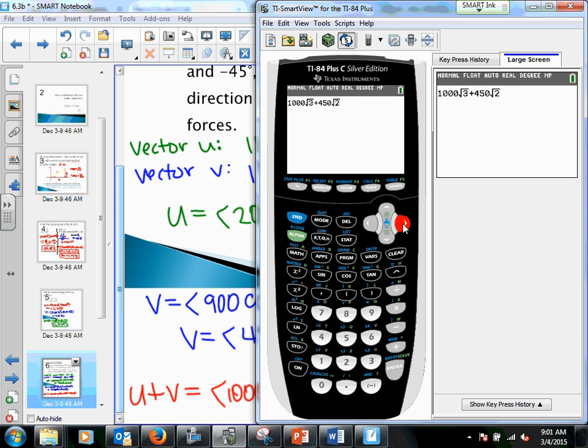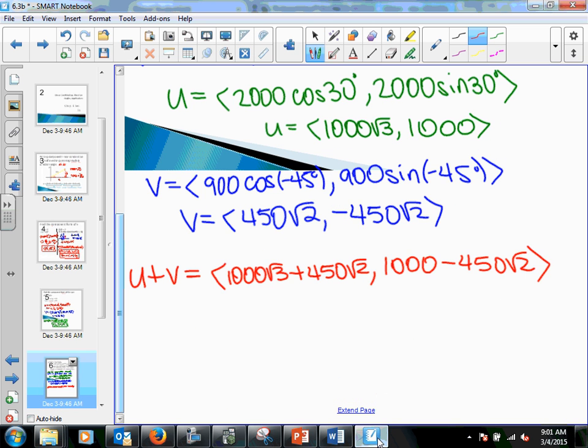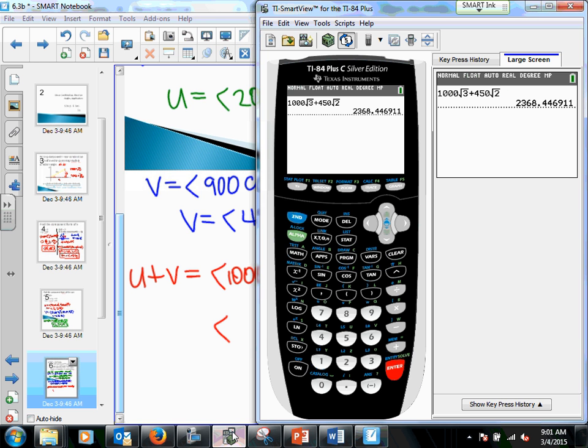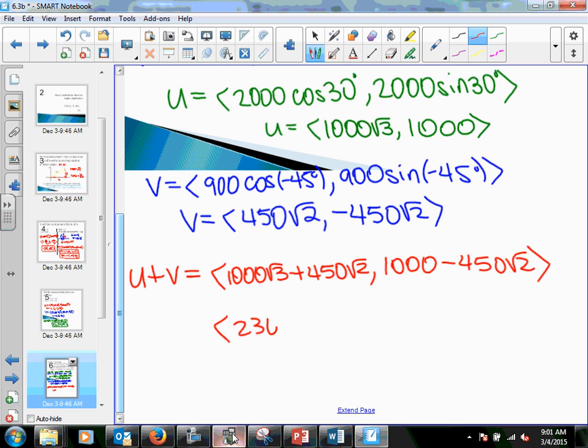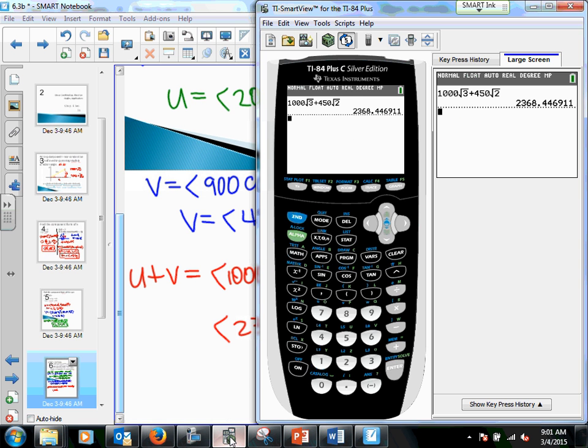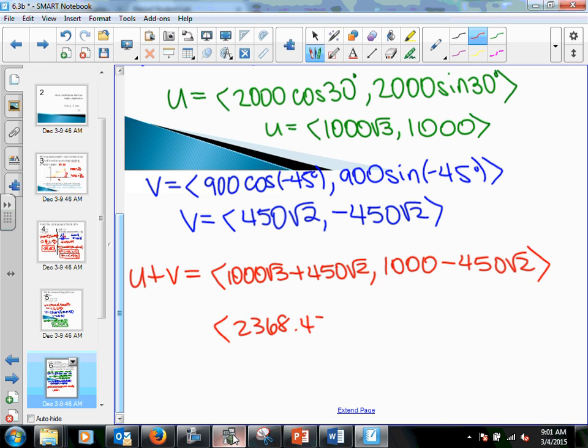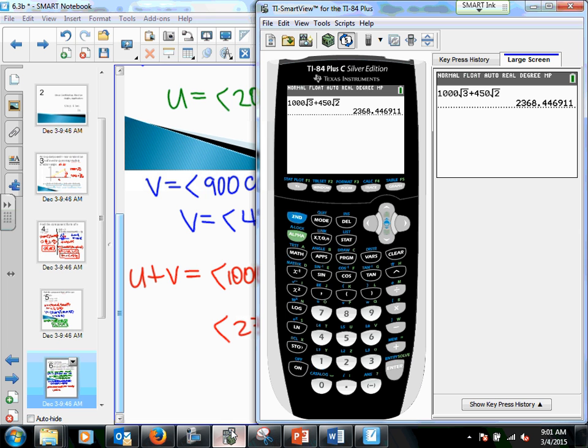I guess a no is a no. So our horizontal component is 2368.45. Now remember I showed you this? I'm going to store that in A, because we're going to have to use it later.